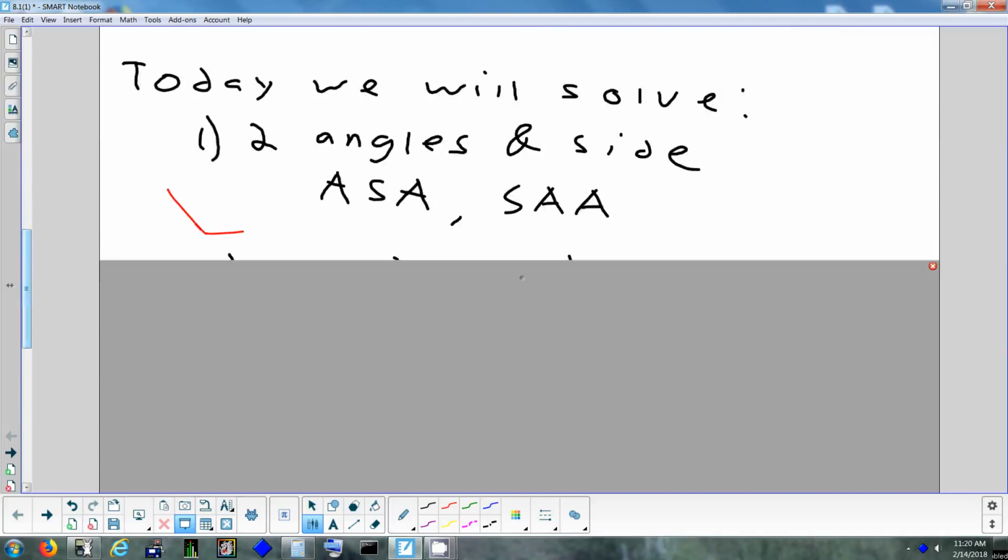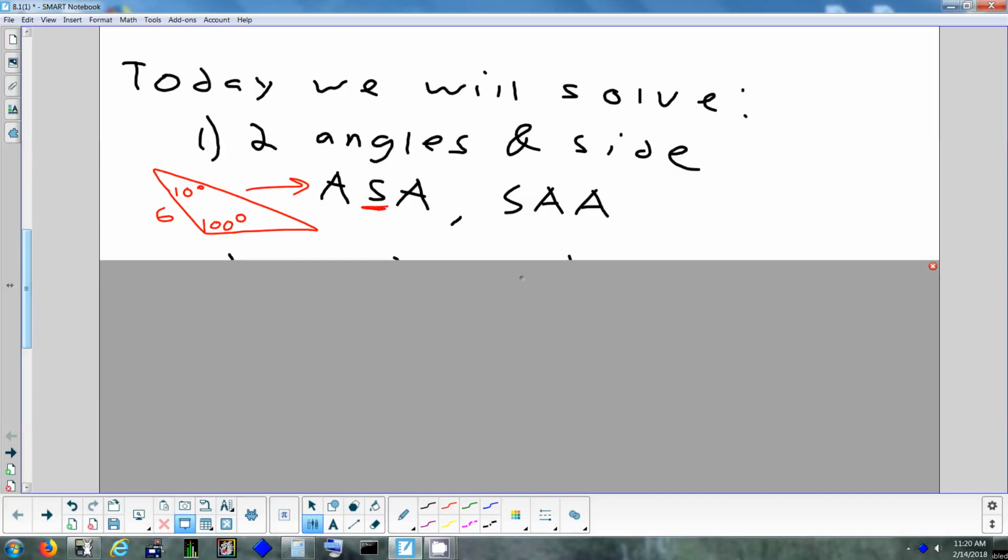Something like this. Let's say I said this is 10, this was 100, and that's 6. That's an example of 2 angles and a side, where the side that you know is between the 2 angles. It's the side that connects them.